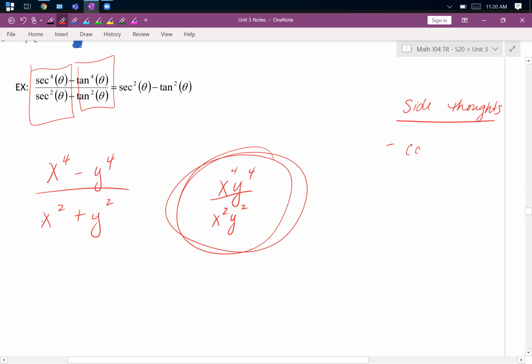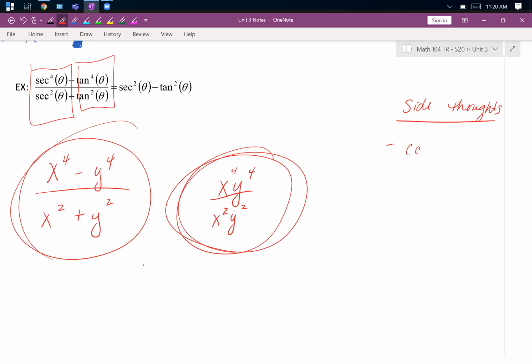Here we have multiplication, here we have addition and subtraction. When you have addition and subtraction, the only way that you can simplify is by canceling common factors. When it's multiplication, it's already in factored form, and we can just simplify using our exponent rule.